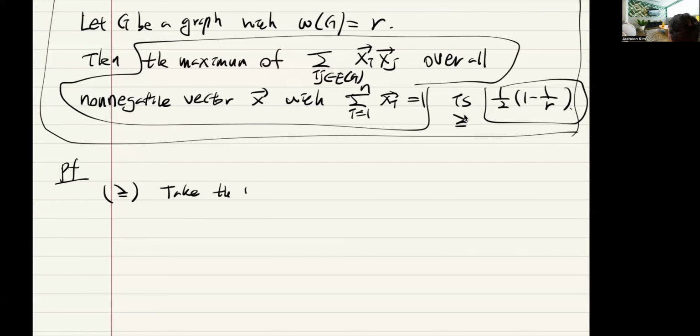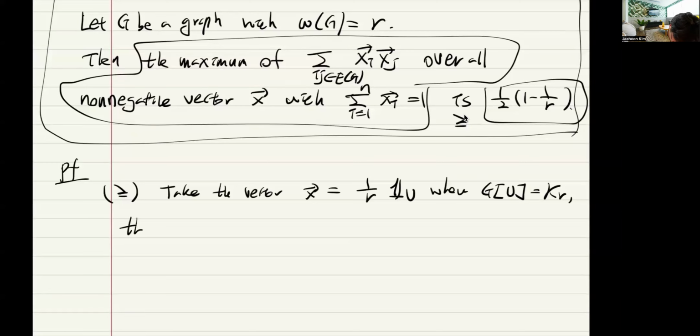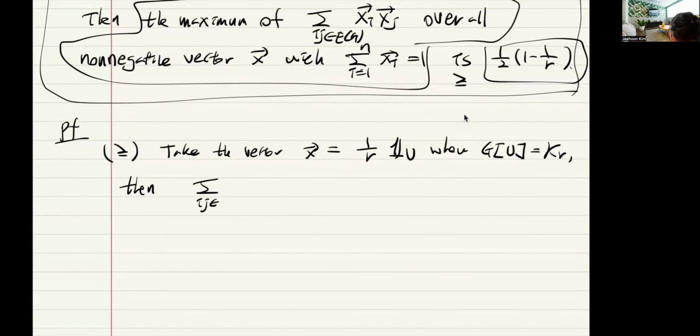Take the vector x being 1 over r times the characteristic vector of U, where U is one of the largest cliques. Then the summation over ij in E(G) of x_i x_j, you simply compute it, and you get r squared over 2 times 1 over r squared, which is half times 1 minus 1 over r.